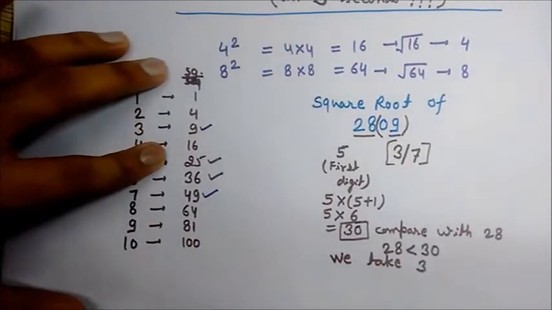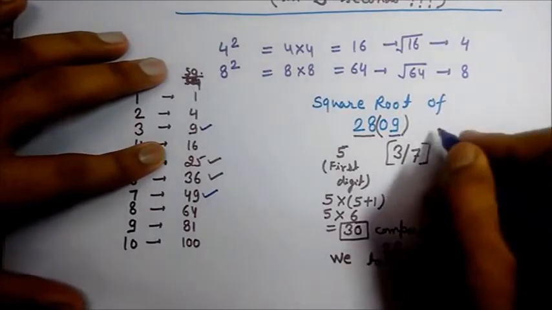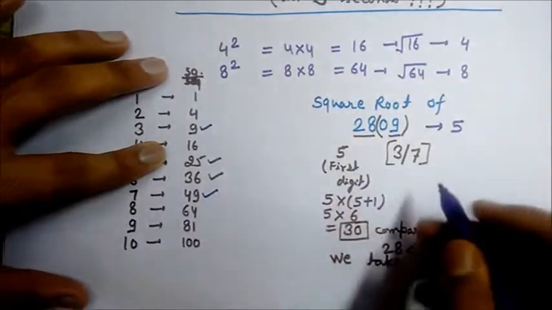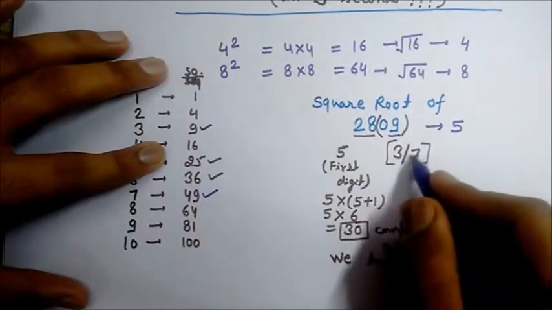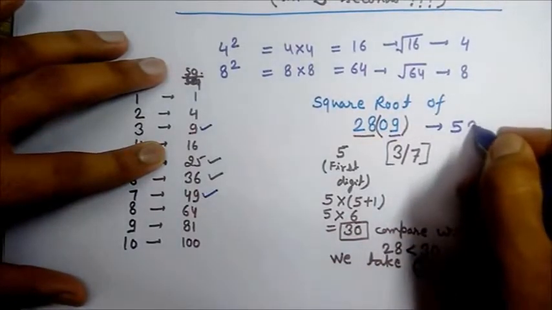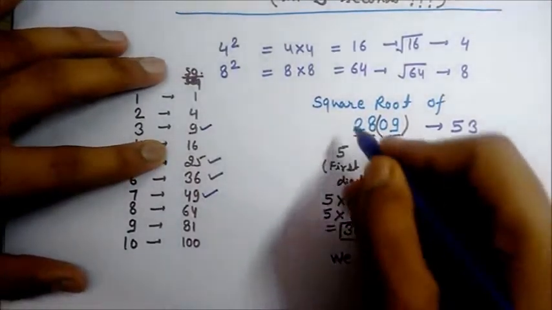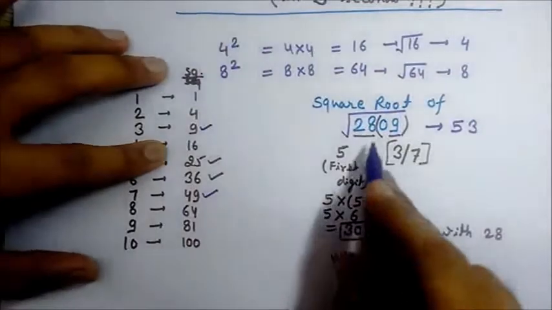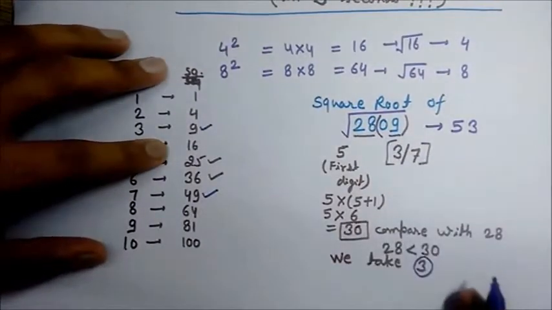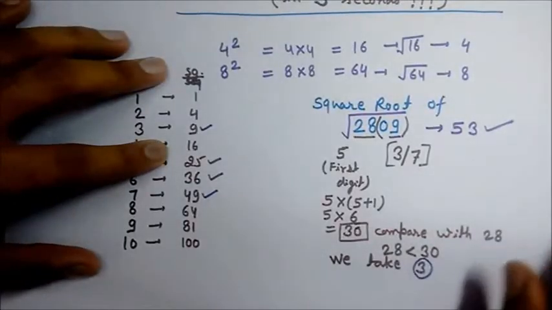Our answer would be this 5, the first digit, and out of these 2 digits we are taking 3. So the square root of 2809 is nothing but 53. I think it was very easy.